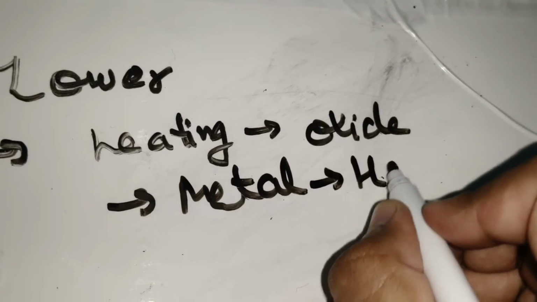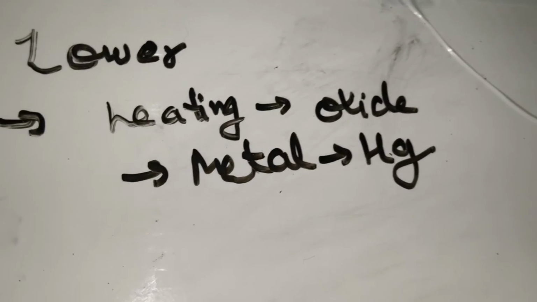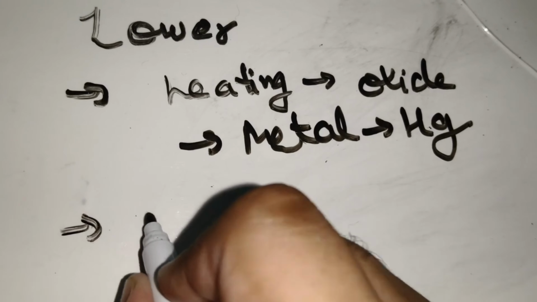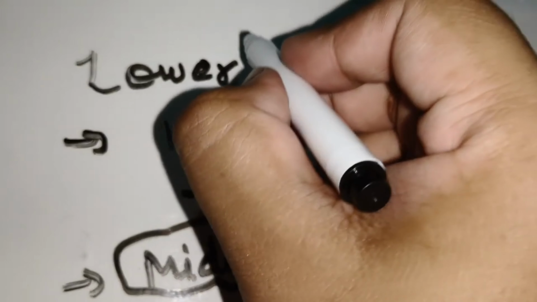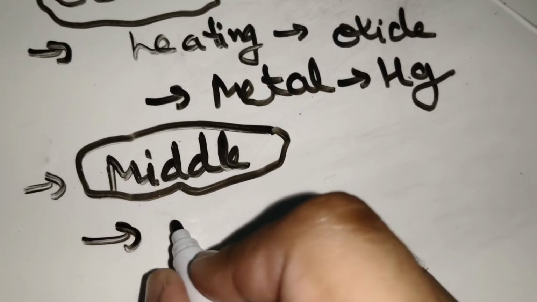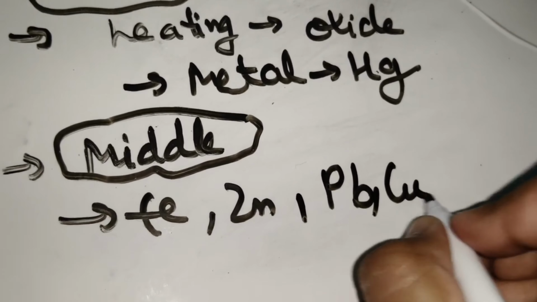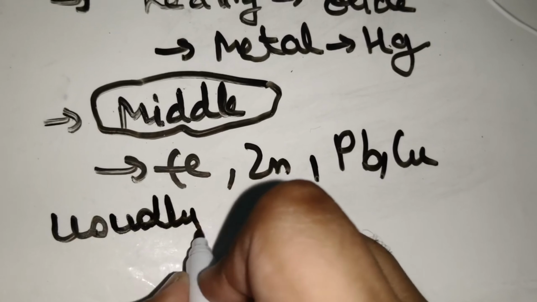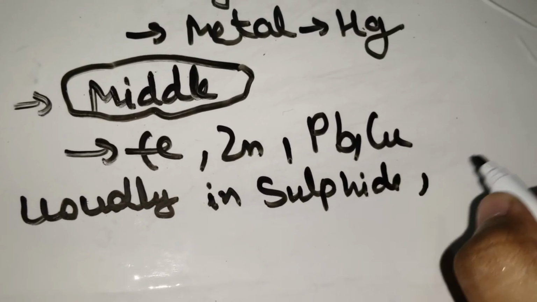Example, if we take mercury. If we heat the mercury compound, it is converted to oxide, and we react it with a higher reactive element, then the mercury gets released. And if we take the middle reactive elements like iron, zinc, lead and copper, usually these compounds are found as sulfide and carbonate.